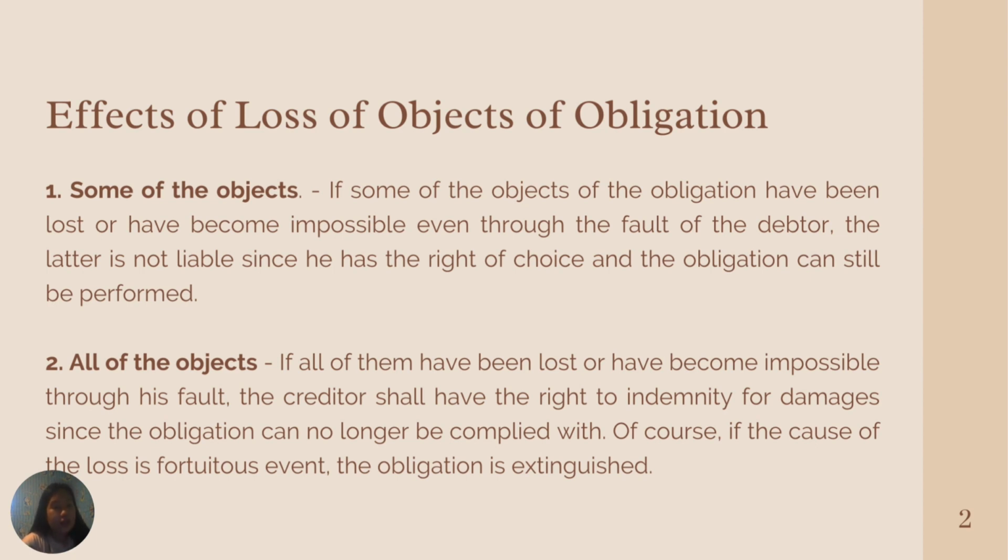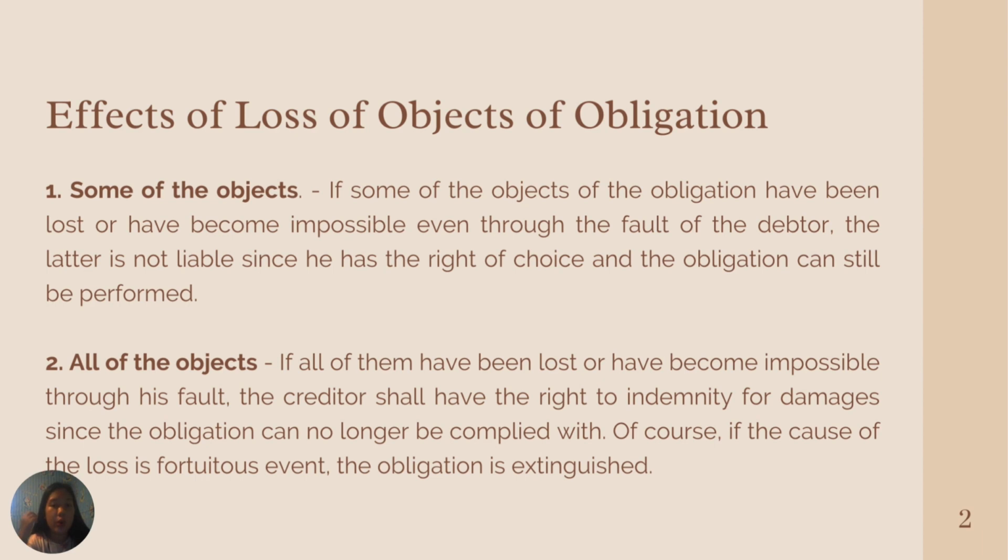Second, all of the objects. If all of them have been lost or have become impossible through his fault, the creditor shall have the right to indemnity for damages since the obligation can no longer be complied with. Of course, if the cause of the loss is a fortuitous event, the obligation is extinguished.